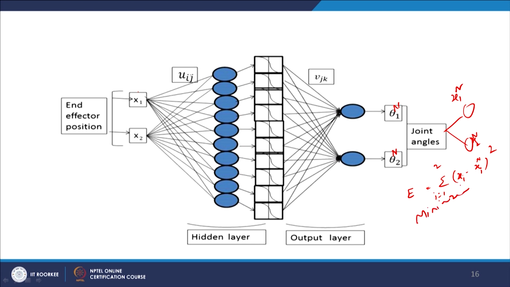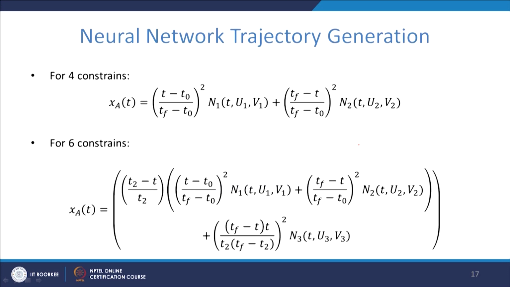Every time we get the inputs x1 and x2, and we get x1 n and x2 n, and subtract and square it, we minimize this expression to get the new weights. So, every iteration we get a weight and put it here, and they keep on repeating, finally converging to the required weight. That is the procedure.